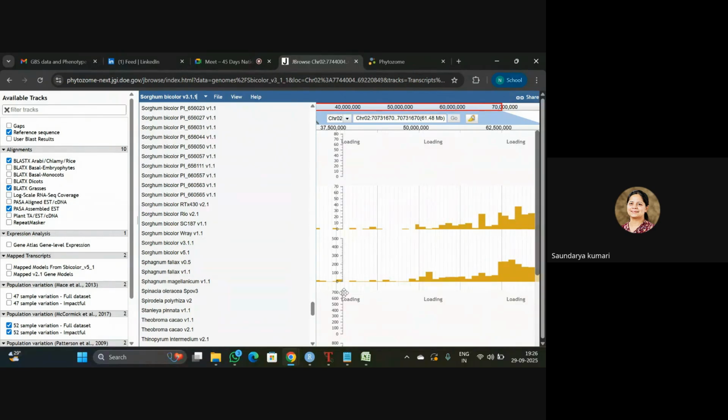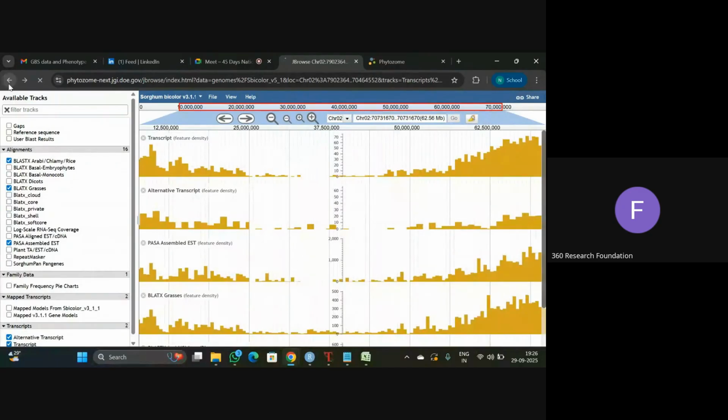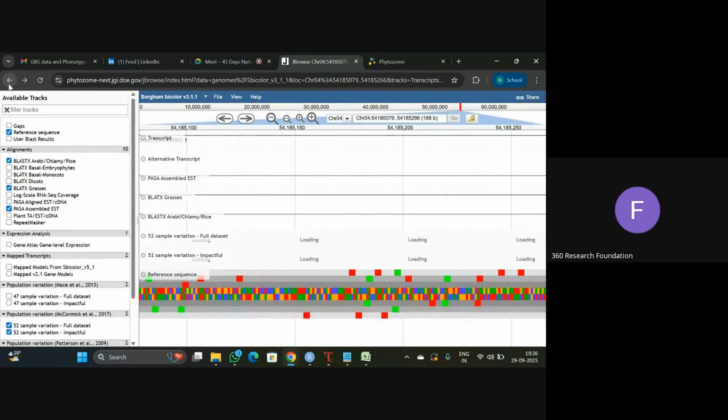And when we get a single file, what does it mean? So now single means they have combined the assemblies and they are working on one reference genome. Oh, so they are trying to make a reference genome for all. If you want to download a genome in rice, it is the same. In each and every crop now they are concentrating on reference only, instead of releasing entry wise or accession wise.